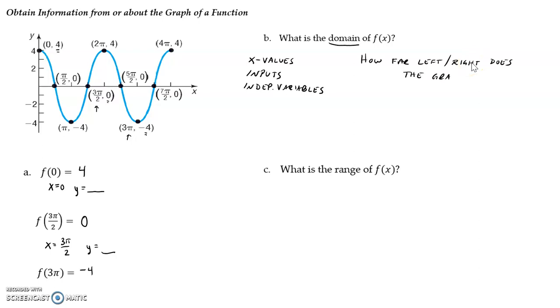And we're going to be using interval notation to write our answers. So we're going to need the smallest x value, and then the largest x value, and some combination of brackets and parentheses. So let's take a look at our smallest x value first.